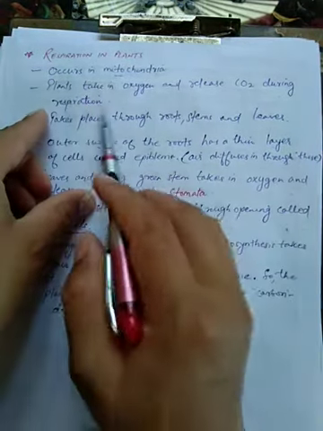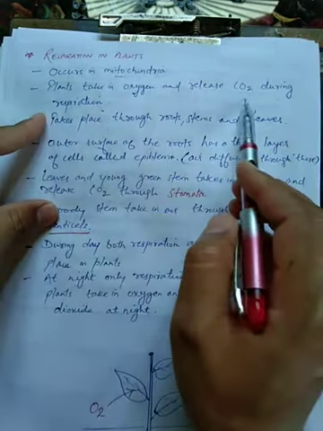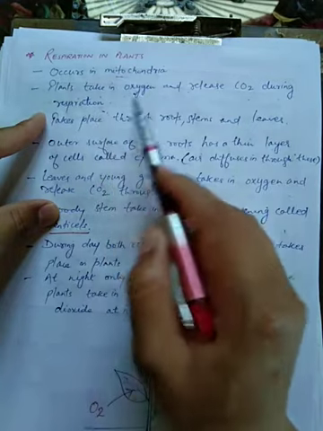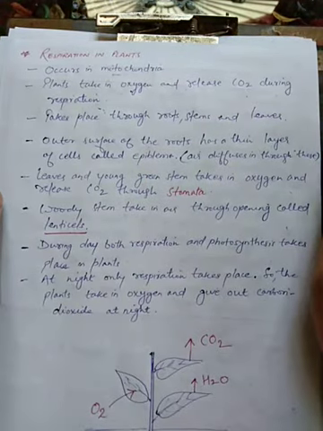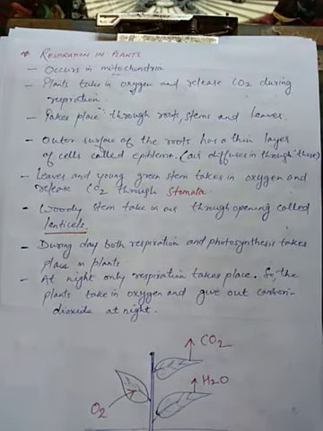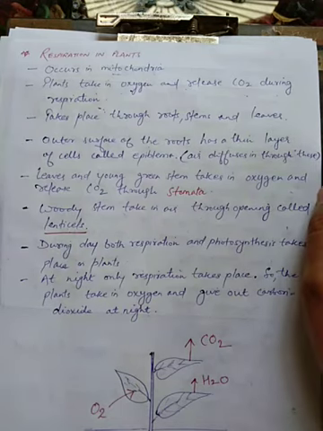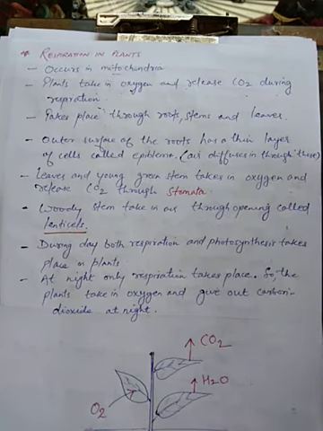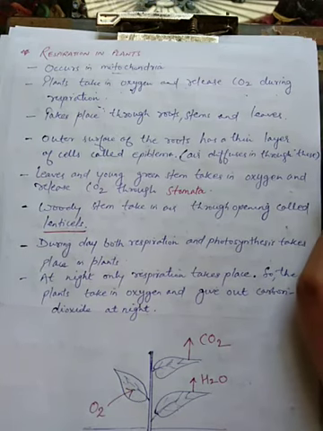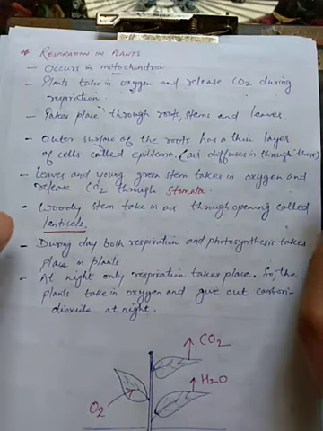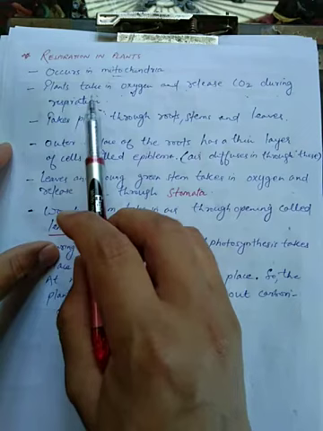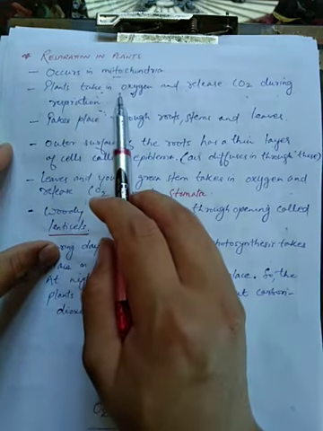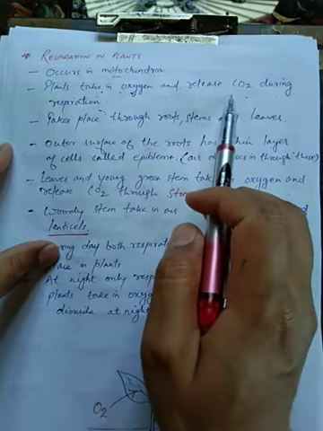Plants take in oxygen and release carbon dioxide during respiration. Many students are confused regarding this: plants are giving us oxygen, then for what purpose are they taking in oxygen? Students, plants also need oxygen for survival. So during respiration, plants take in oxygen and release carbon dioxide.